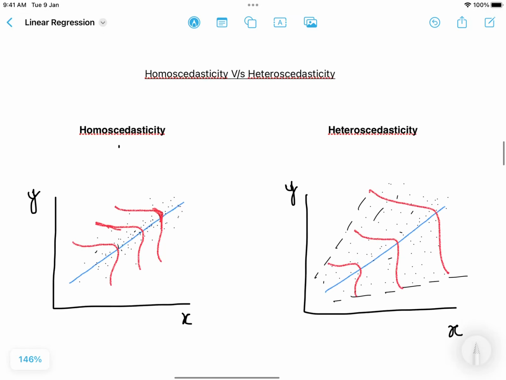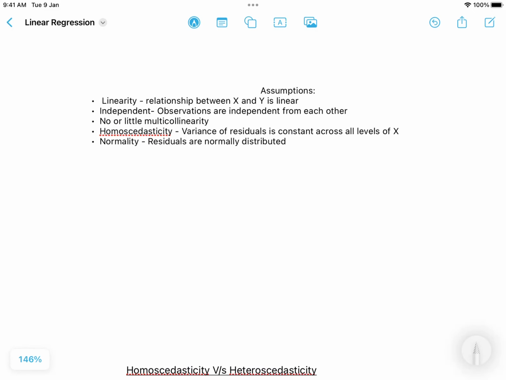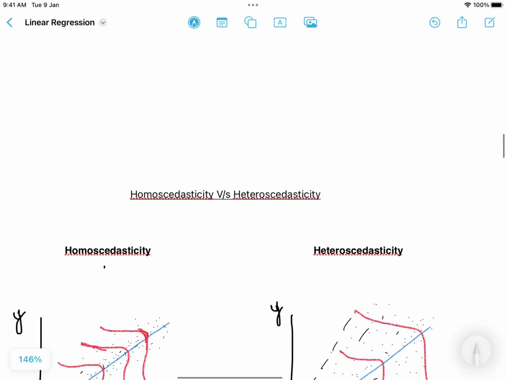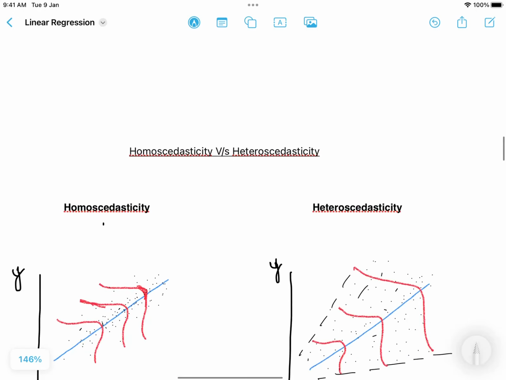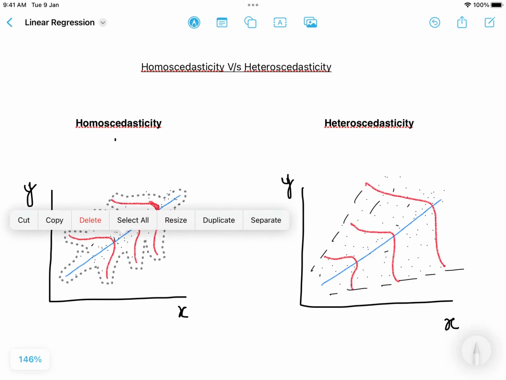The next assumption is normality, which is again related to residuals: the error terms are normally distributed. What do we mean by that? These red lines are the distribution of error terms.